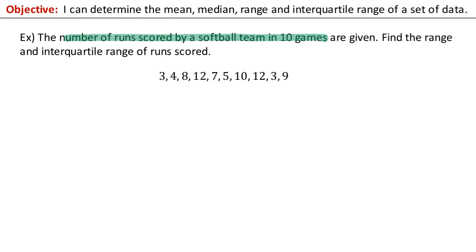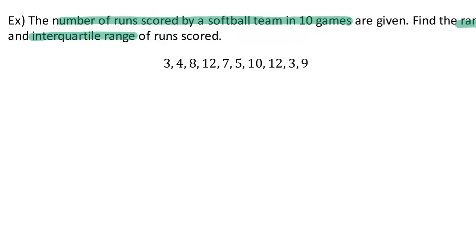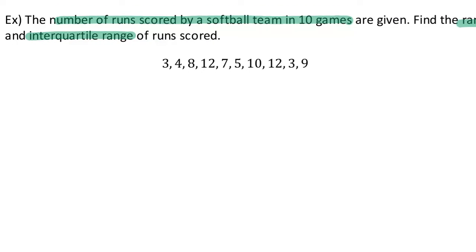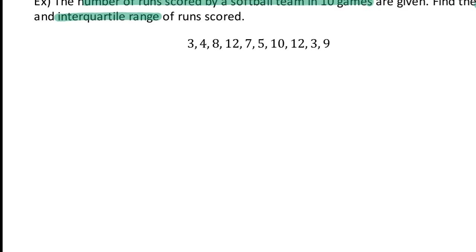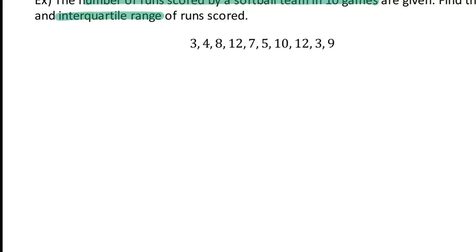Directions again are to find the range and the IQR of the runs scored. So my data, we have 3, 4, 8, 12, 7, 5, 10, 12, 3, and 9. But we want to put them in order from least to greatest. So go ahead and take maybe like 10 seconds or so. Put them in order from least to greatest.